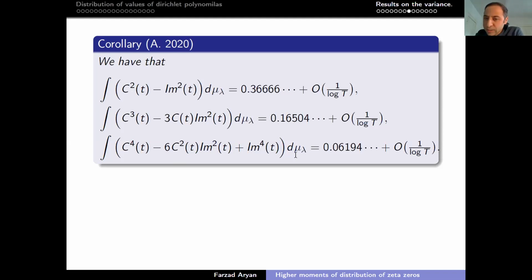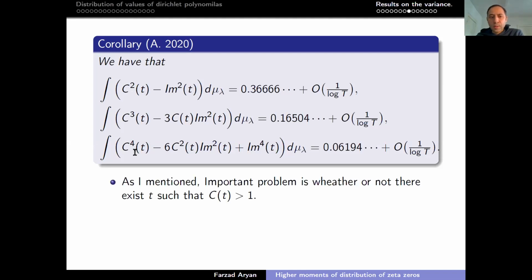And using these things, we can even say a little bit about how you can beat the trivial bound, because you get a trivial bound also on the fourth moment. You can improve those a bit too. And as I mentioned, the goal is to beat C of t bigger than 1.